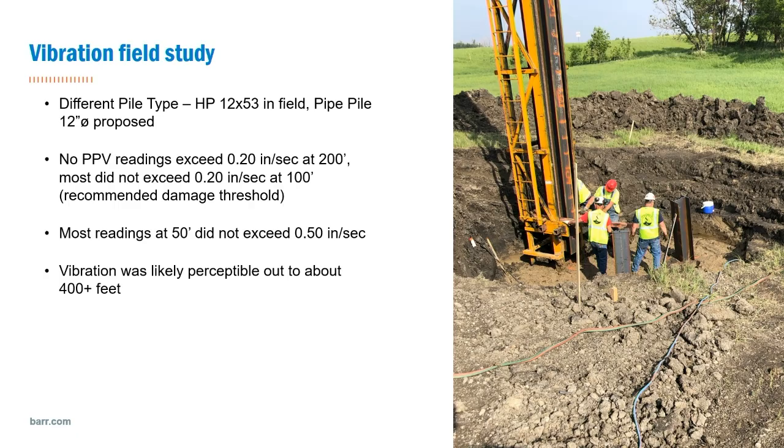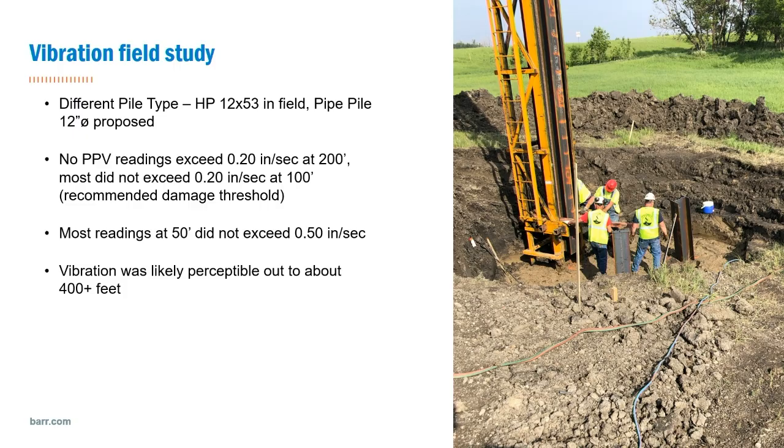And what we found is that we set out vibration monitoring seismographs on the pile driving project at various distances away and collected data while they were driving at one of the high mast poles. And we collected a number of readings. What we found was that no peak particle velocity readings exceeded 0.2 inches per second at 200 feet.